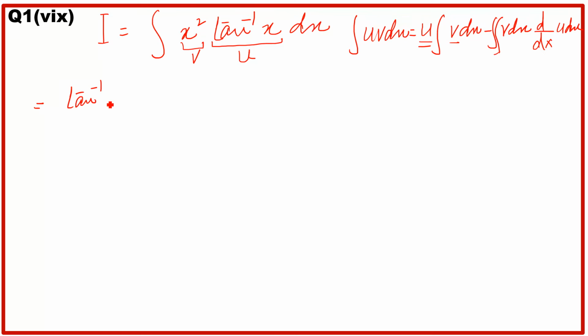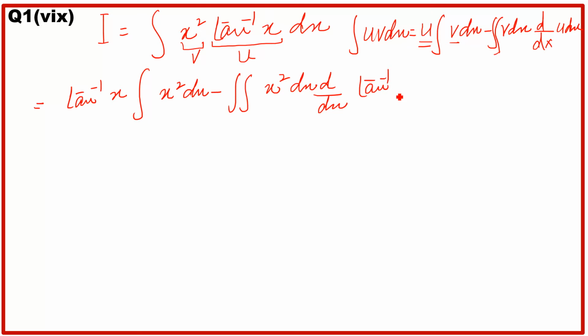I will show you. Tan inverse x integral of x square dx minus integral of the integral of x square dx and d by dx of tan inverse x dx. So tan inverse x remains the same. Here we will use the power rule.